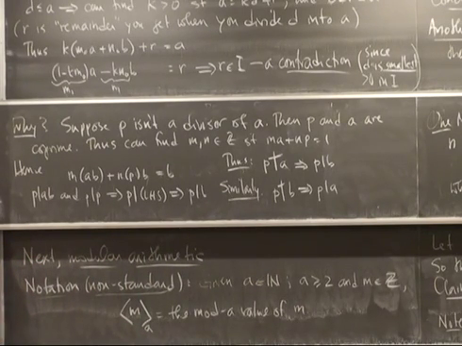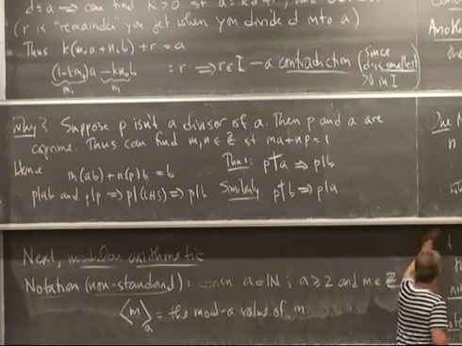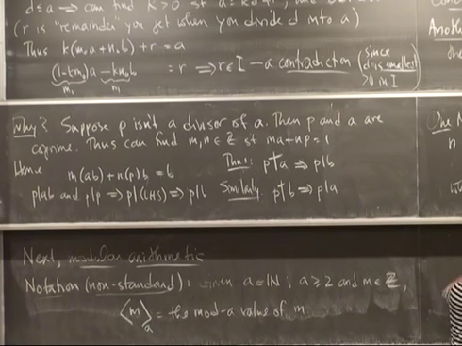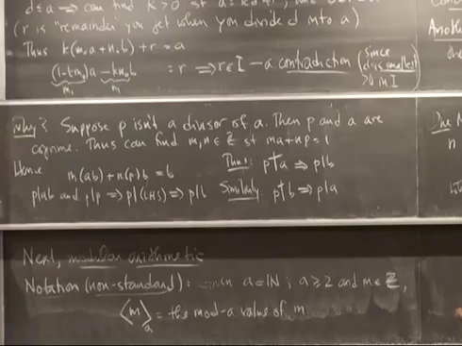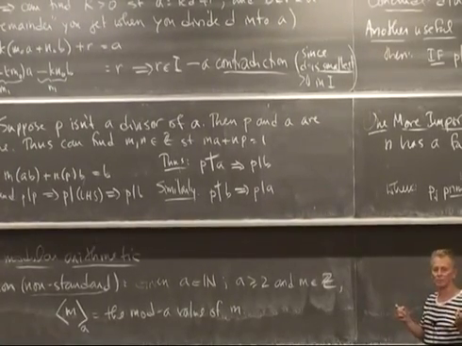Everybody has seen this before, so I'm just going to run through a few examples. If you're given any integer m, you can always write m as a sum of A's plus a non-negative remainder.